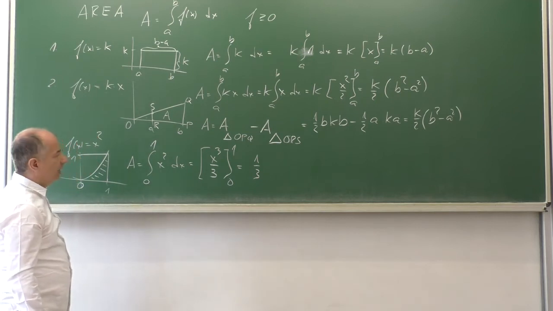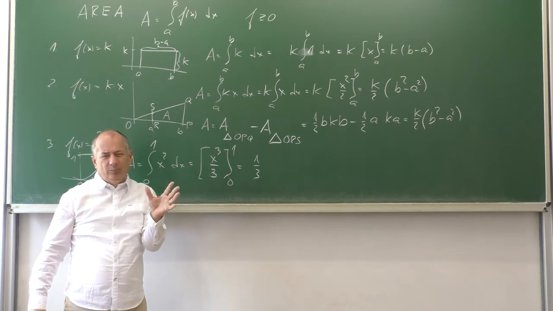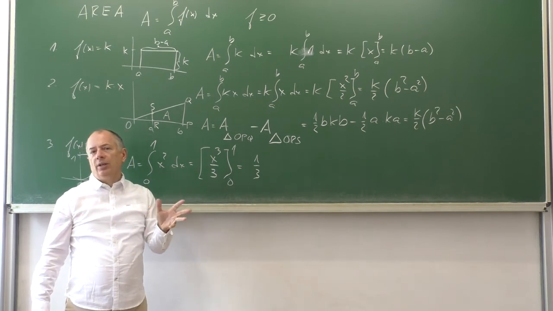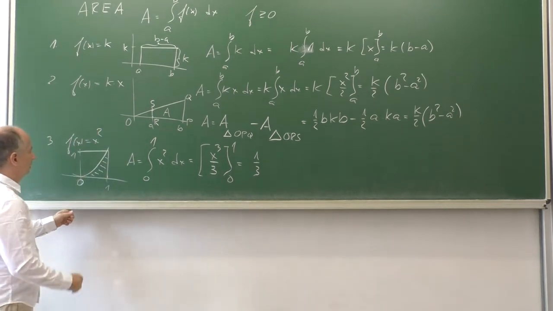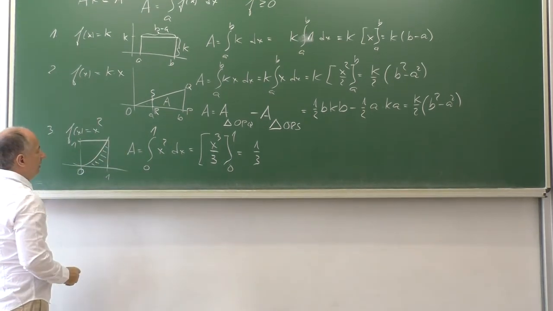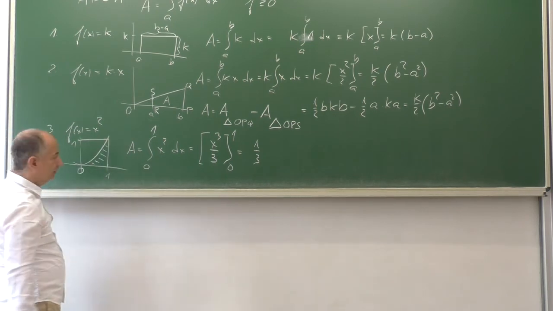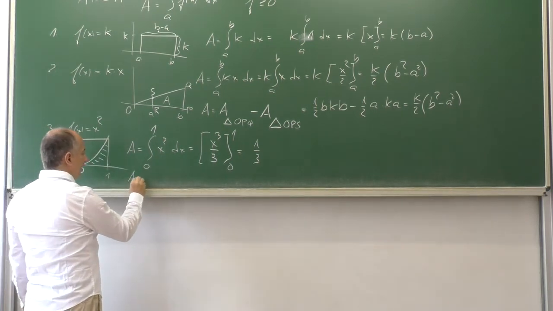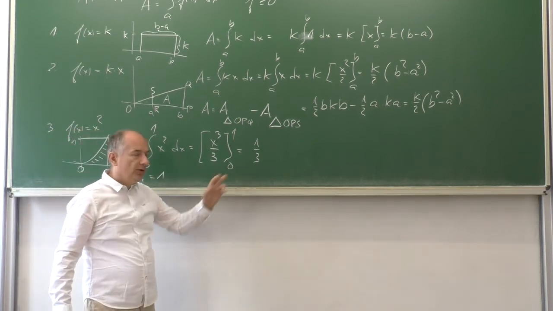1/3. It's always a good idea to check the result roughly, approximately, whether it agrees with some round estimate. This area is definitely less than the area of the square, and the area of the square is 1. Yeah, this is less than 1.